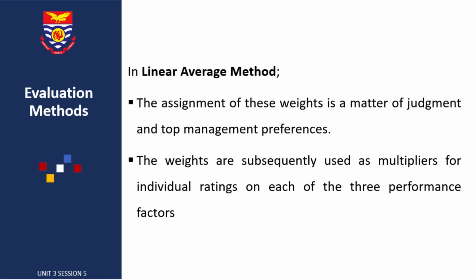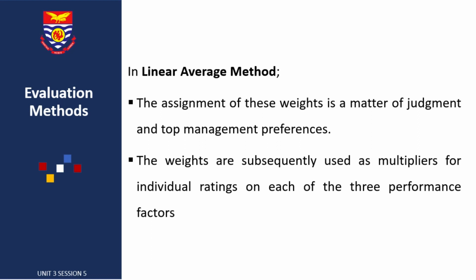I think this can be found in your book. So for example, we give some level of criteria you can choose from: three, let's say delivery, quality, and then price. So those individual ratings become the multiplier.